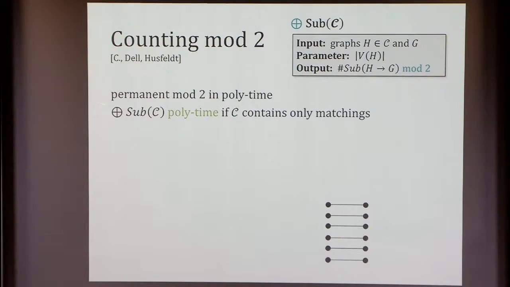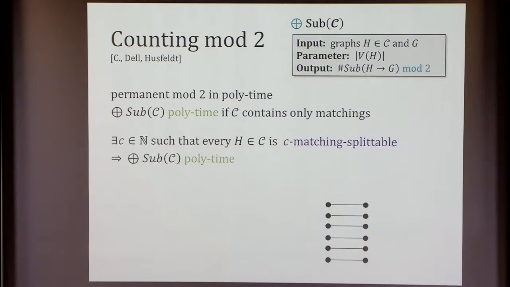So in other words, the subgraph counting problem is polynomial time solvable if C is a class that contains only matchings. But actually, we can generalize this to show that if you have a constant C such that every graph in the class is C matching splittable, then the subgraph counting problem modulo 2 is still polynomial time.